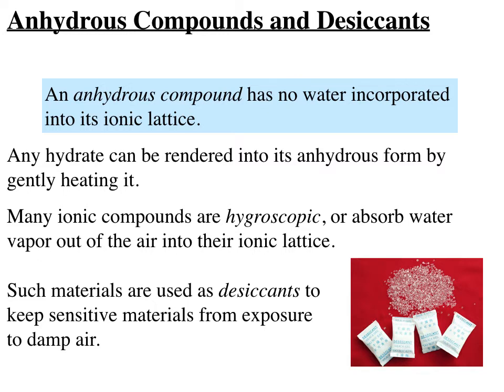To protect them, they pack little packets of these hygroscopic ionic compounds in with the electronics, and these preferentially absorb water out of the air, which is hopefully done to prevent damage to the electronics due to the high humidity.